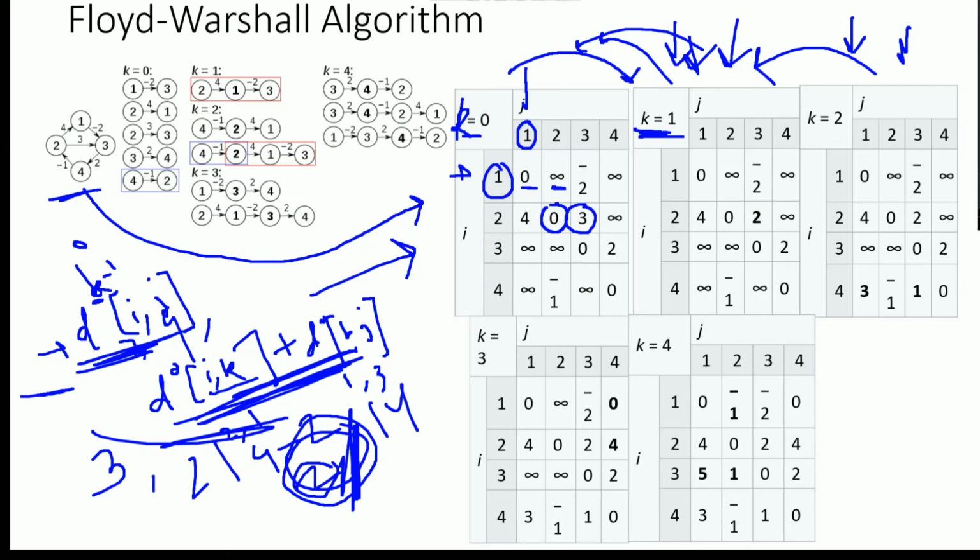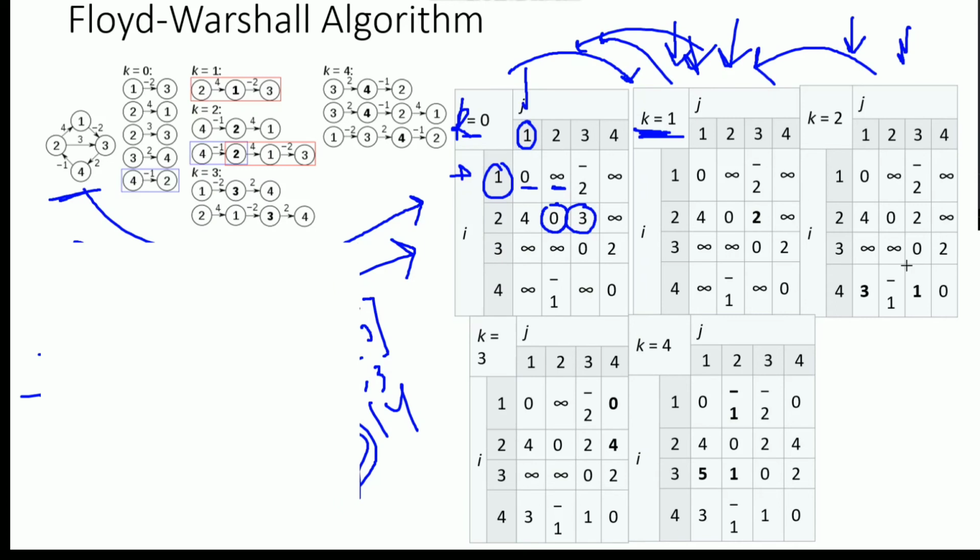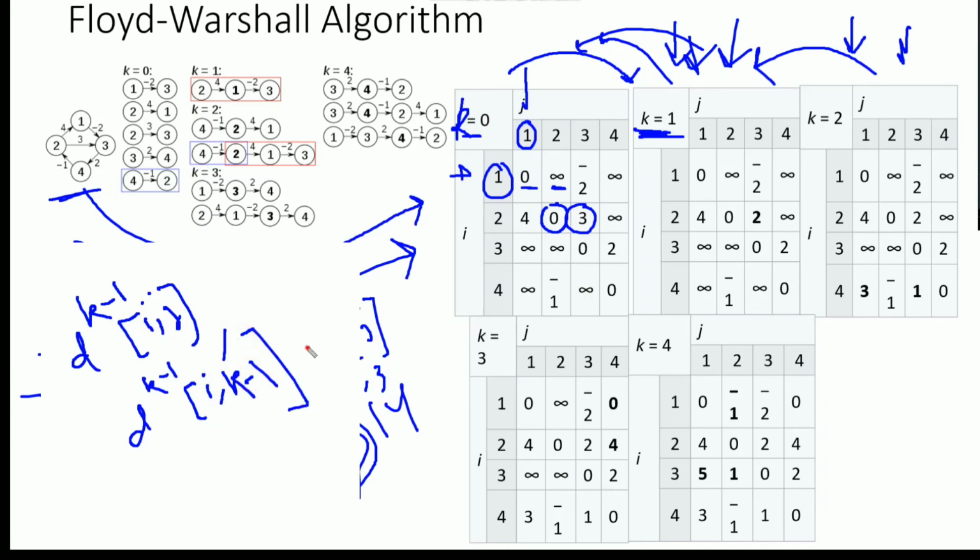Okay, so if I generalize the formula, the formula is d to the power k minus 1 of I comma j, or d to the power, it's not power, it means the intermediate vertex, I to k and plus k minus 1 to j.